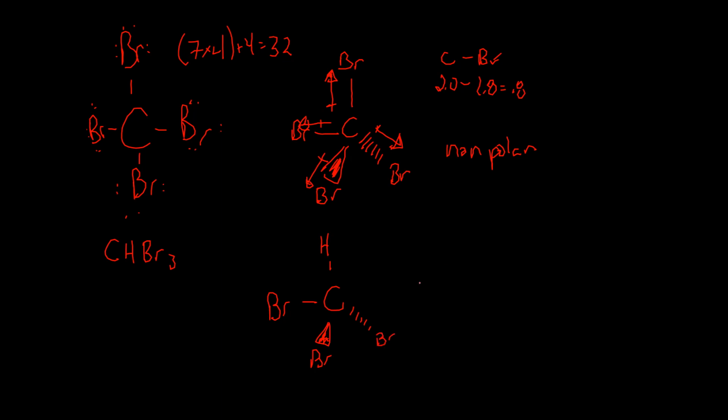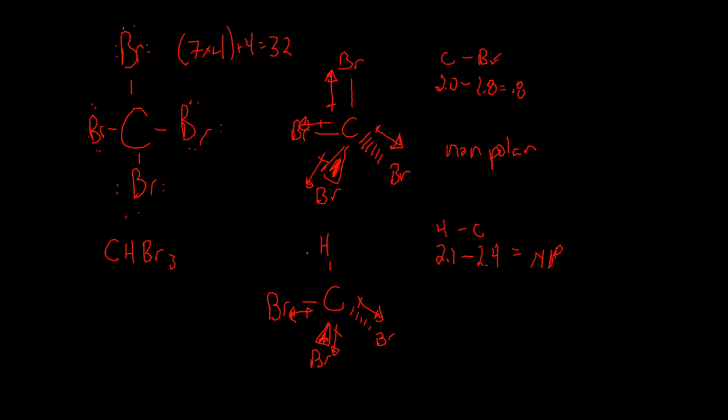Now, my carbon to bromine, I already know, is a polar bond. It's going to have the electrons spend more time with bromine than with carbon. But carbon to hydrogen is 2.1 minus 2.4. That's hydrogen, that's carbon. That's a non-polar bond.